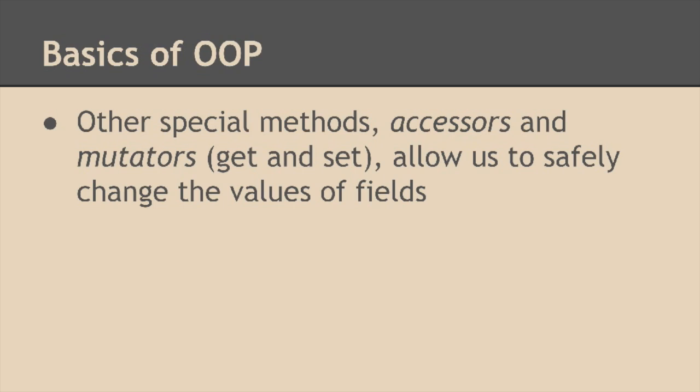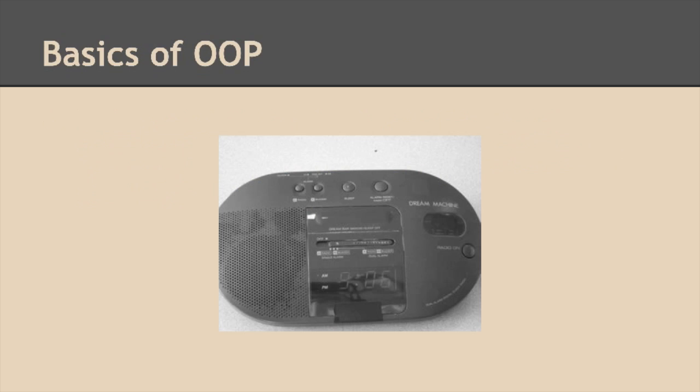There are a couple of other types of methods that we're interested in, and those would be accessors and mutators, otherwise called get and set methods. What those do is allow us to safely change the values of the fields in the object. So to look at an example that we have in the textbook, suppose we have an alarm clock.